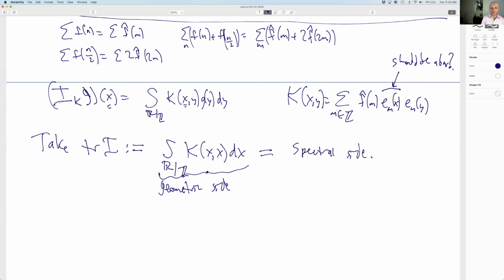Let's mess with the geometric side for a minute. So what is the geometric side? Again, we have an integral over R mod Z of big K, the automorphic kernel, which we can write as a sum over the integers of the little kernel, k of x plus n, x, dx.